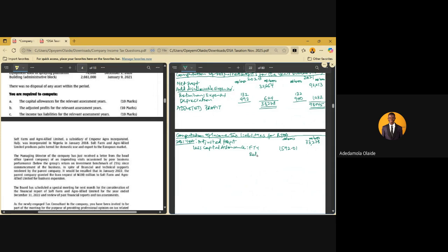Because the capital allowance is lower than two-thirds of the assessable profit, even if it is higher, we will still relieve all, because this is an agricultural business. We can relieve it all in this case. And carry forward: nil, nothing. So if we relieve the capital allowance, what will now be our chargeable profits?